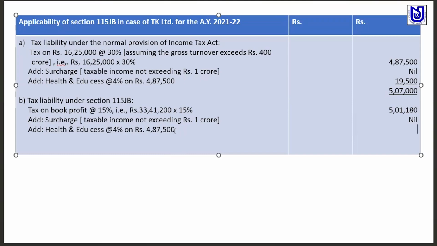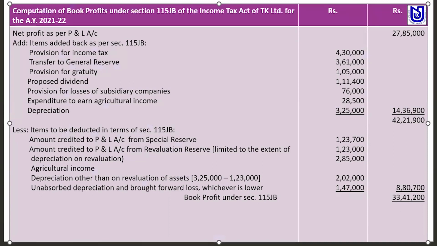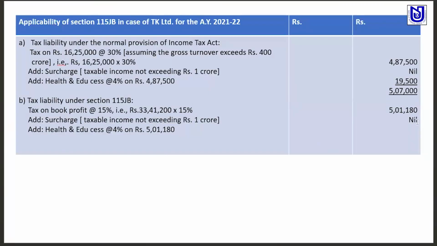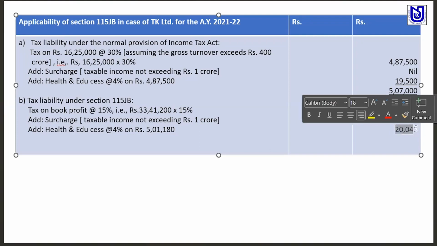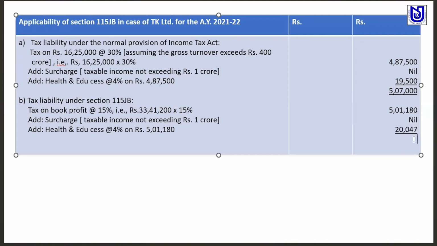And then health and education cess on 5,01,180. That figure is how much? 20,047. So we make the total here. The figure is 5,21,227.